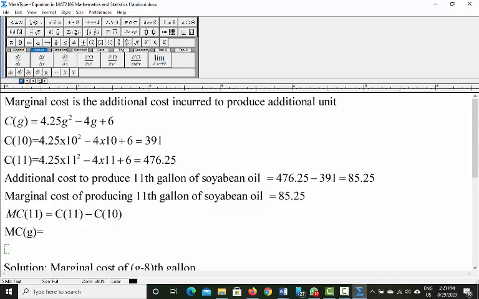Since we want to find the marginal cost of producing the Gth gallon of soybean oil, G will again come here. We want to find the total cost of producing G gallons of soybean oil minus, here we will get G minus 1.